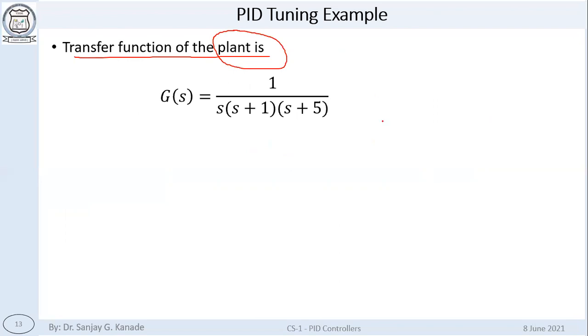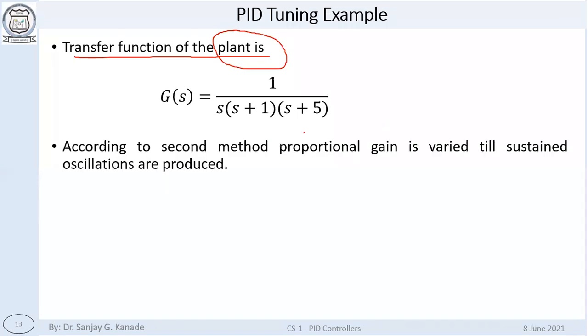According to the second method, only proportional gain is kept, means Kp remains, and Ti becomes infinity in the beginning and Td becomes 0. Td is the derivative constant, Ti is the integral time.